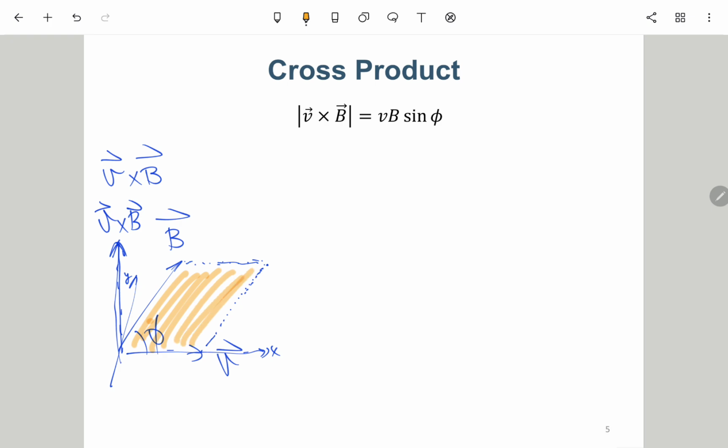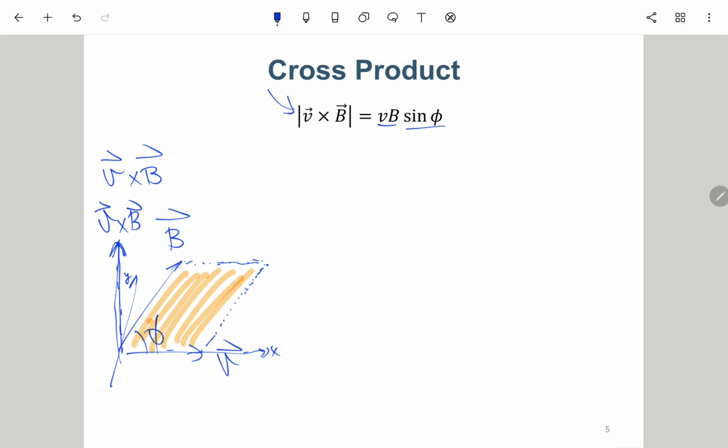The magnitude of V cross B, or the absolute value of V cross B, is the area of the parallelogram. Usually if we write the absolute value of a vector, it means its magnitude. Because this is VB sine of phi.